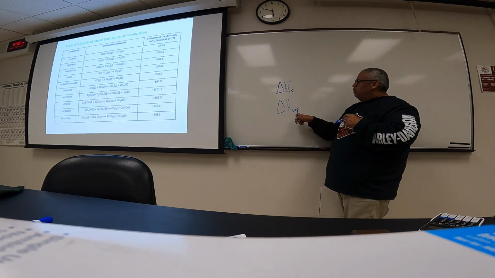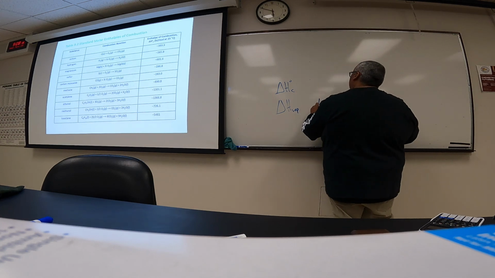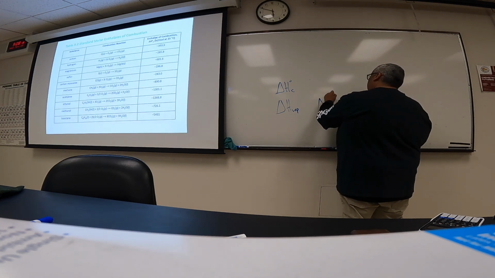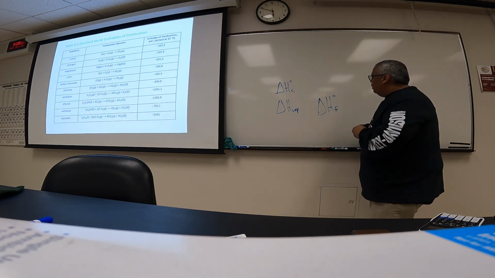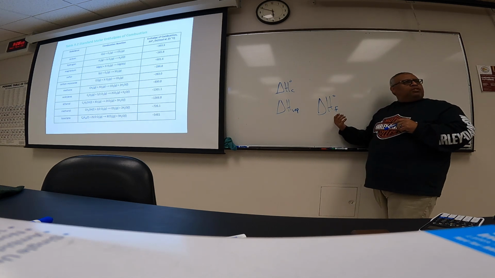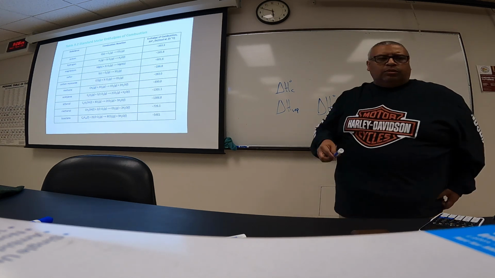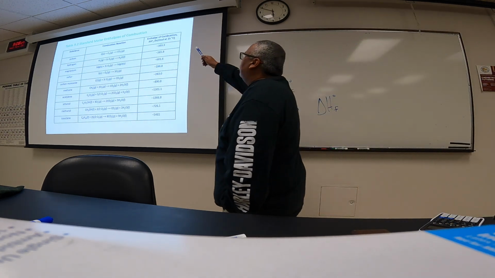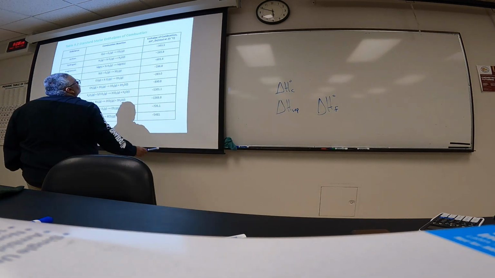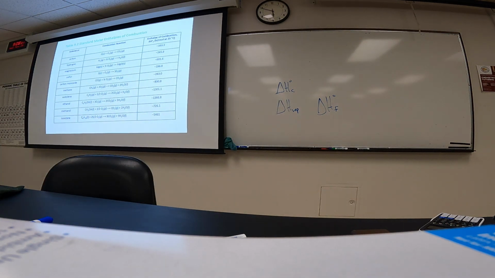This little C means combustion, this one is vaporization, and this F would be formation. We just have to have those little marks there. Over here, these are all enthalpies of combustion, done in standard conditions, in kilojoules, at 25 degrees Celsius.